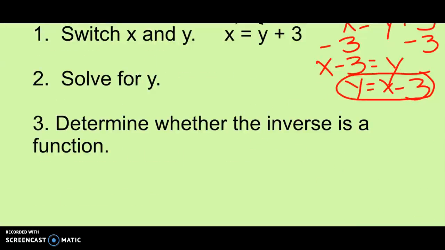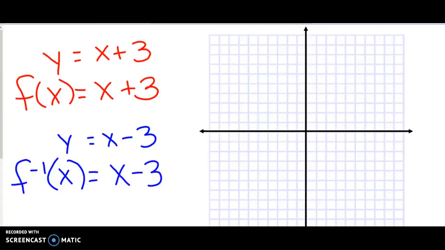But before we do that, let's determine if the inverse is a function. So now you've got y equals x minus 3. If you had a table of those values, you would see that you would have no repeating x's. Let's go ahead and graph both of these. Our original function was y equals x plus 3.